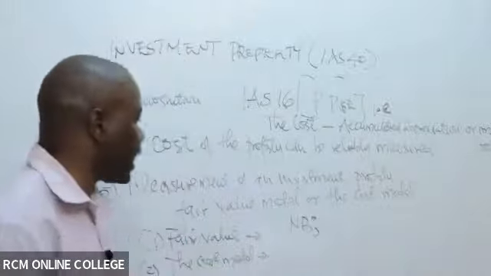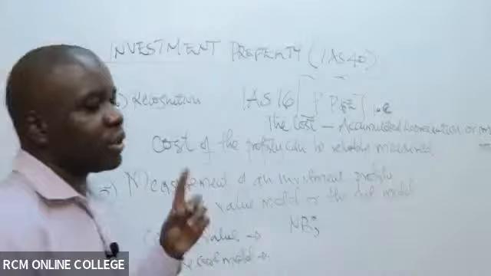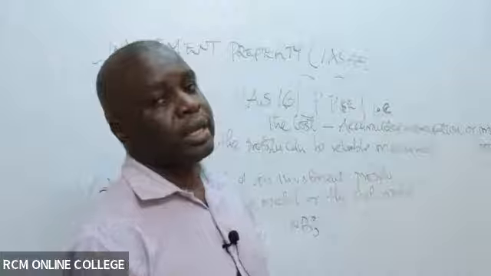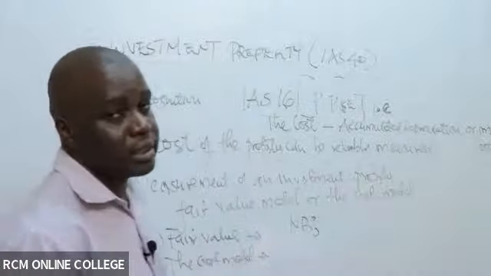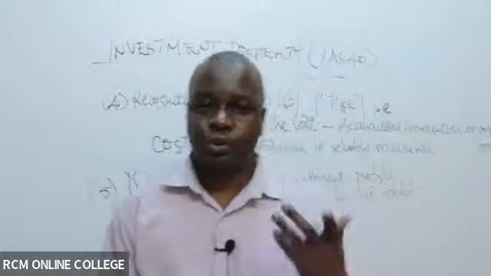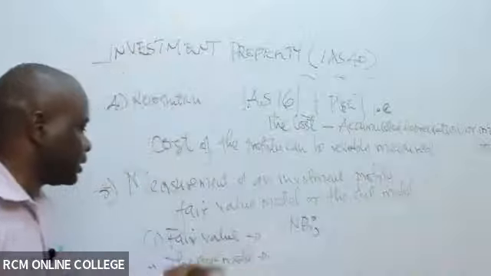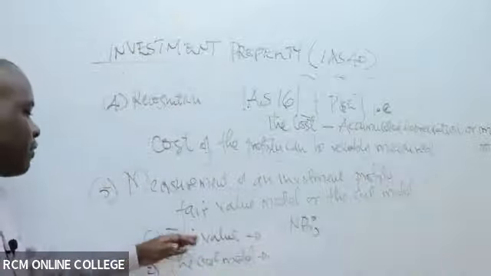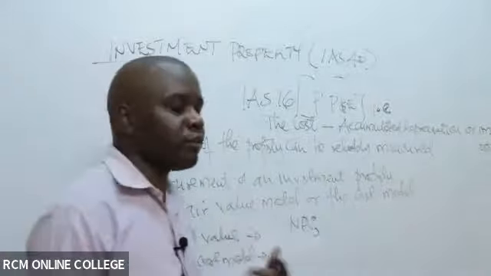So you'll be able to decide. If you're using fair value, you adopt it for all your investment properties. If you're using the cost model, you adopt the cost model. So you'll choose one. You don't use both of them because they are different methods, the fair value model or the cost model. So you adopt one and use it for all your investment properties.